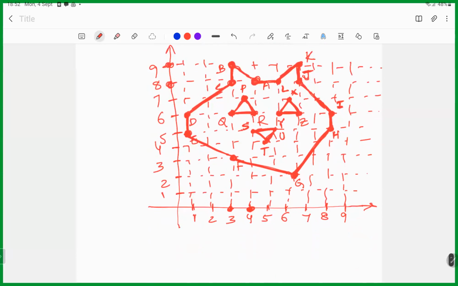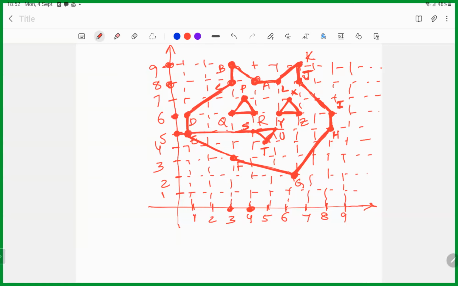So lastly, join S to the points 0 comma 5 and 0 comma 6. Where is 0 comma 5, 0 comma 6? X is 0, y is 5, 0 comma 6. Yes, we need to join to the, right?